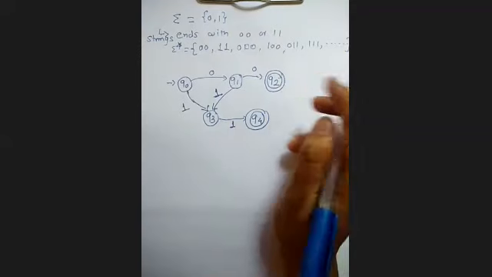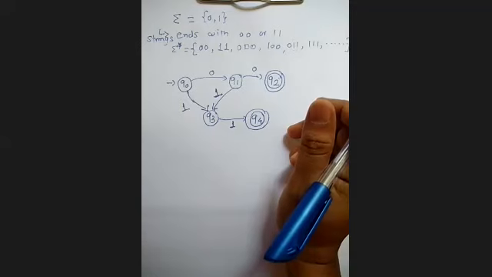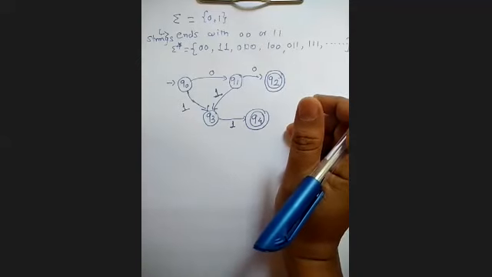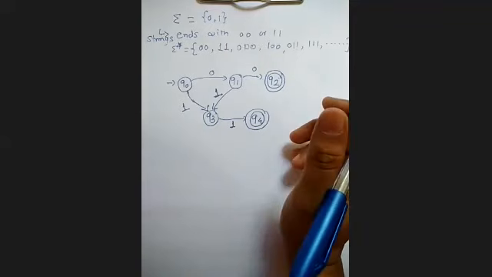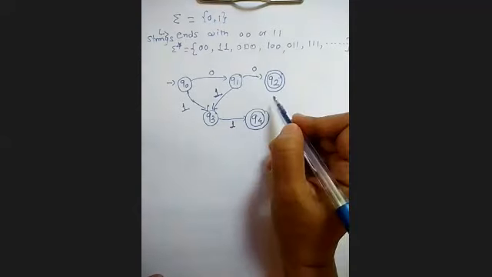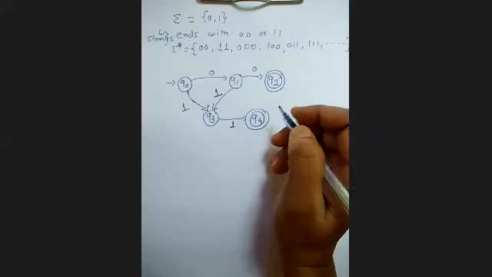So now you tell me, Q2 on 0, which state will it go to? Q2 on 0, where will it go? Yes, no answer. Q2 on 0, where will it go? Q1. Q2 on 0 goes to Q1?